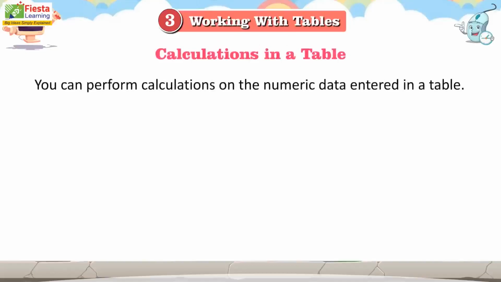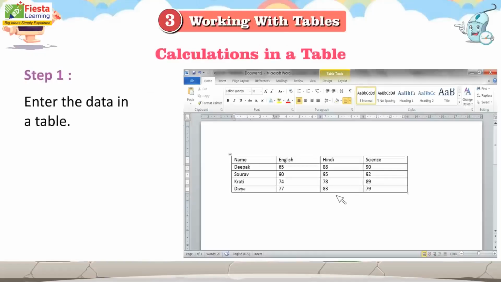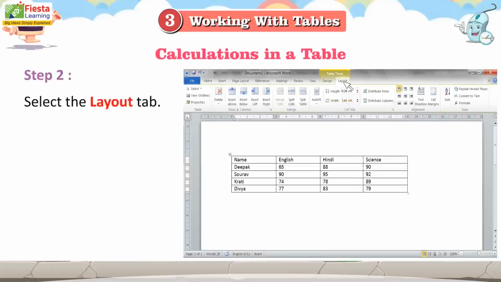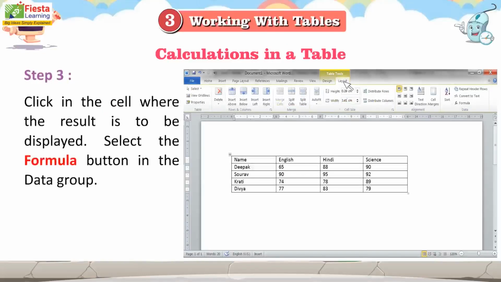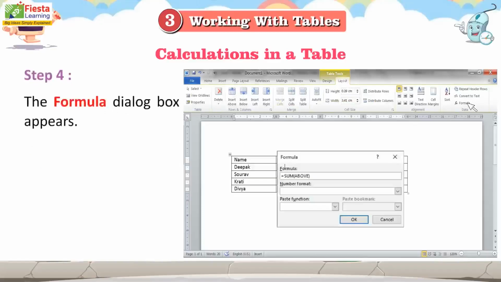Calculation in a table. You can perform calculations on the numeric data entered in a table. Step 1. Enter the data in a table. Step 2. Select the Layout tab. Step 3. Click in the cell where the result is to be displayed. Select the Formula button in the Data group. Step 4.